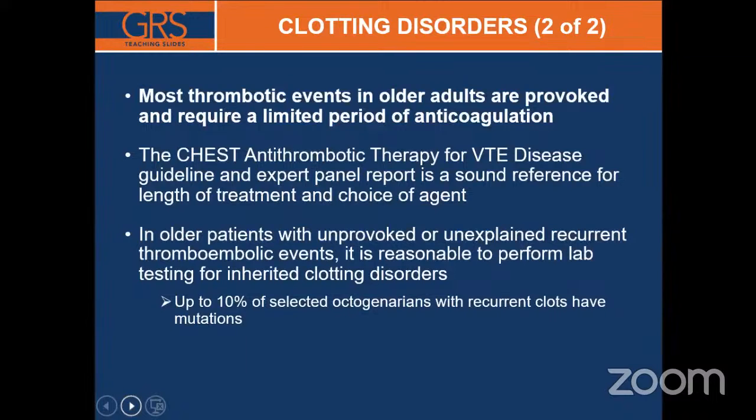But what we have to do, if the cause is unprovoked in the older patient or there are unexplained recurrent prothrombotic events, is perform lab testing for inherited clotting disorders. Up to 10% of selected octogenarians with recurrent clots have a mutation. So you will find a mutation.